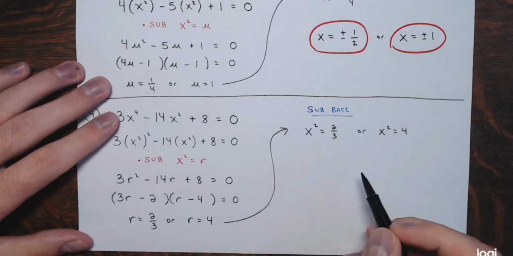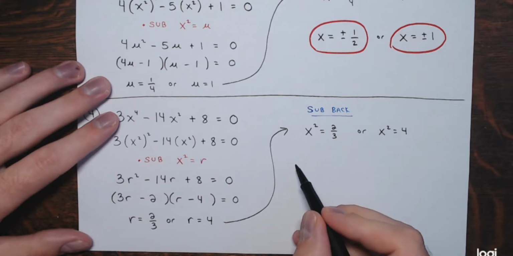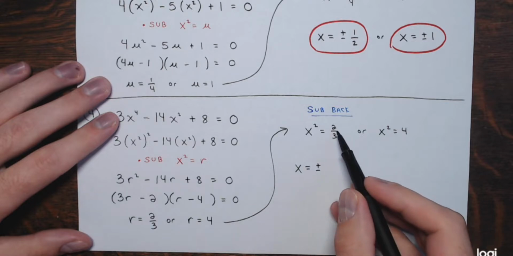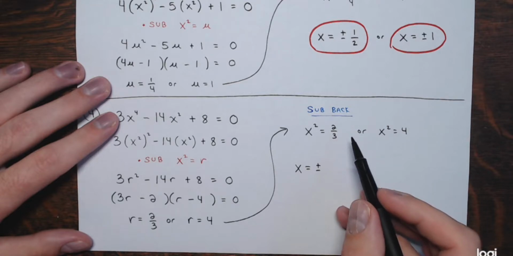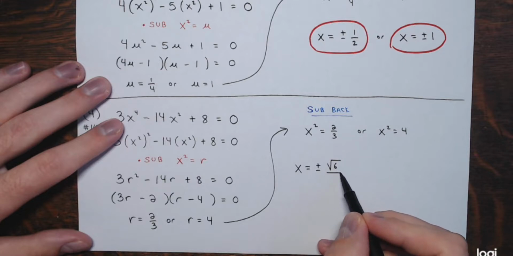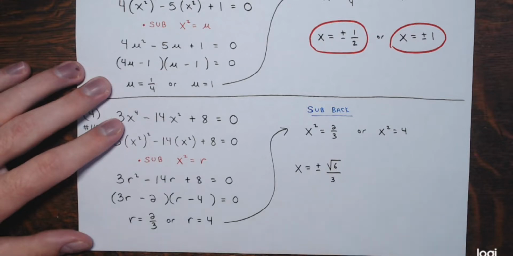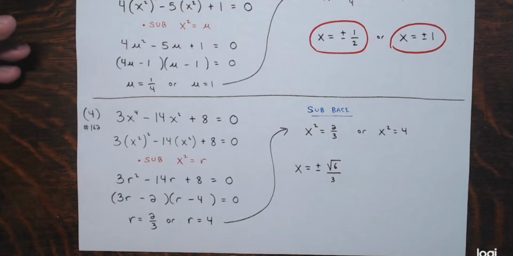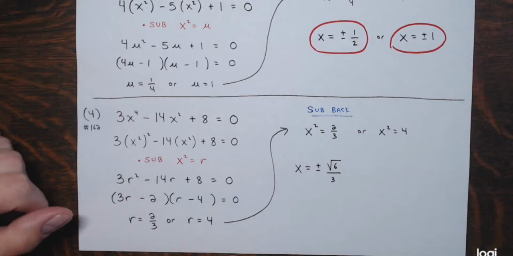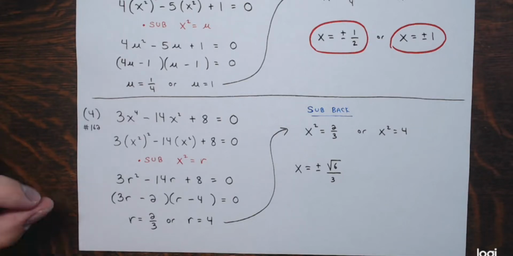Using the square root property, x equals positive or negative the square root of 2/3. Remember, when I rationalize the denominator, that would be the square root of 6 in the numerator divided by 3 in the denominator. I hope you recall how to take the square root of a fraction and rewrite it so that the denominator doesn't have a radical. I would just multiply the top and bottom by square root of 3.